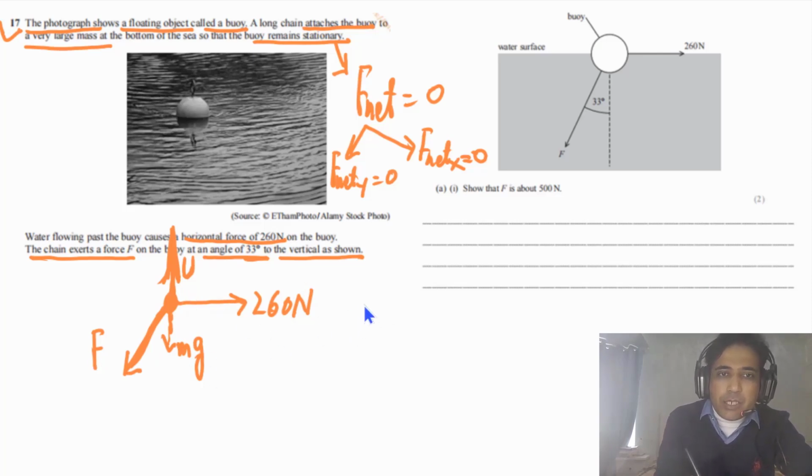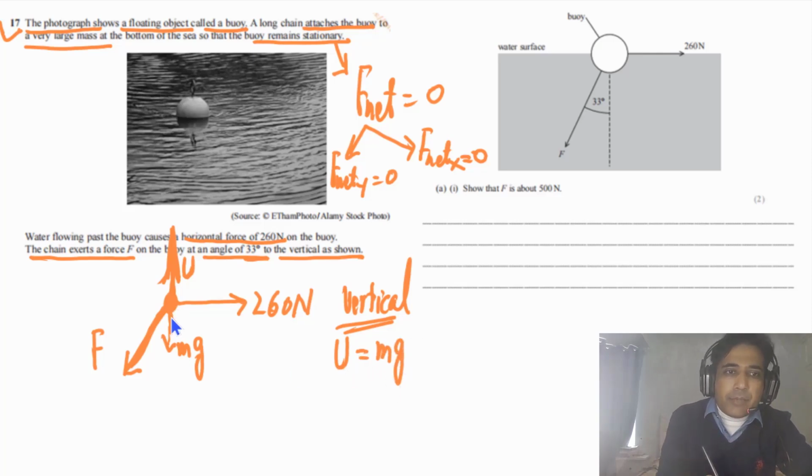Now we need to understand how forces along vertical are balanced, and also along horizontal. If we look at vertical, we have upthrust that is acting up, and this has to be equal to mg because mg is down. And we have a component. We can resolve this force into two components. One component is acting vertically down, and one component is acting to the right.